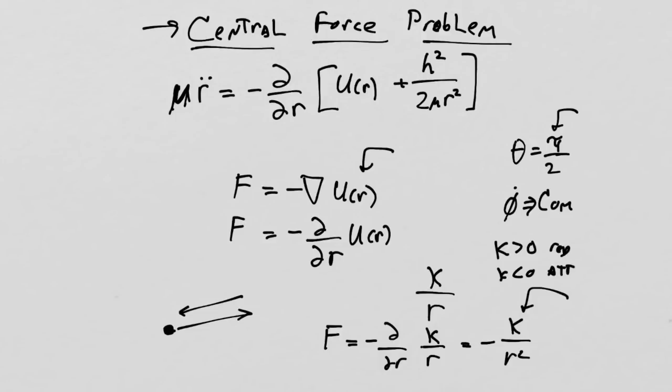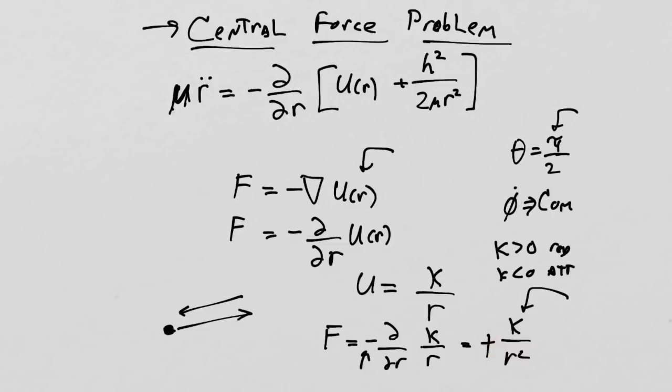So our definition of the potential must be U equals kappa over r. And then, oh, there's a minus sign missing here. So the minus, that's a plus, right? And sure enough, if kappa is less than 0, then this whole thing is negative all the time.